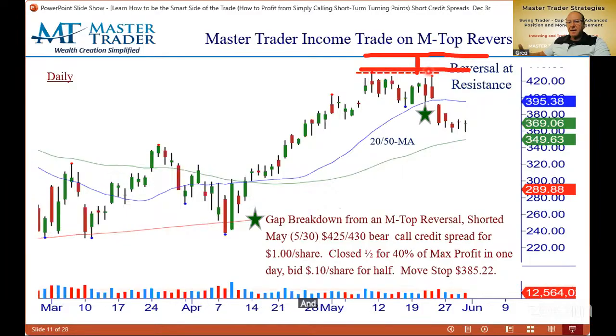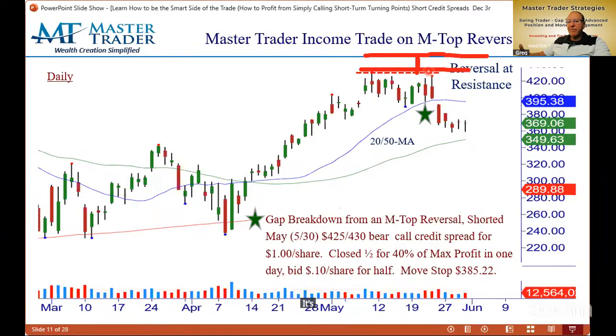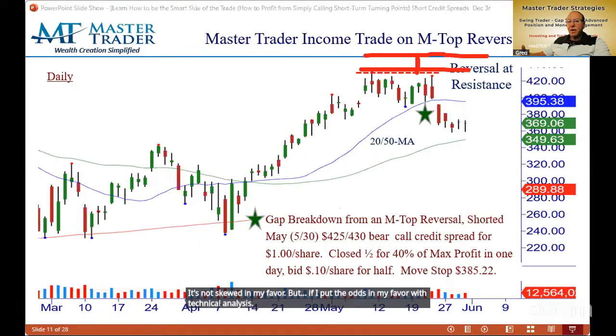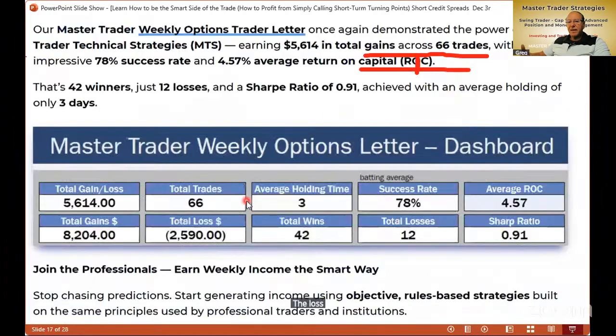Then a trade allows us to look at something with confidence. With an instrument called a credit spread, the reward to risk is not skewed in my favor. But if I put the odds in my favor with technical analysis, my batting average is going to be great. And if I contain the losses effectively, I'm going to do very well.